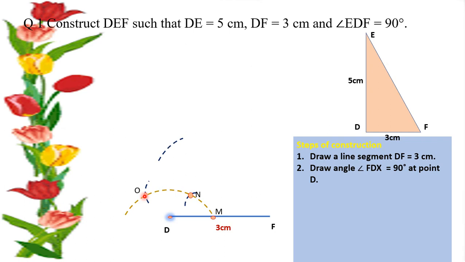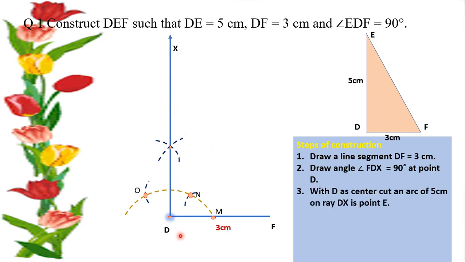Cut an arc with center O. Again place the pointer at point N and cut an arc. Now when we join the intersection point of the two arcs to this point D, we get a ray DX. So here we constructed angle FDX equal to 90 degrees.